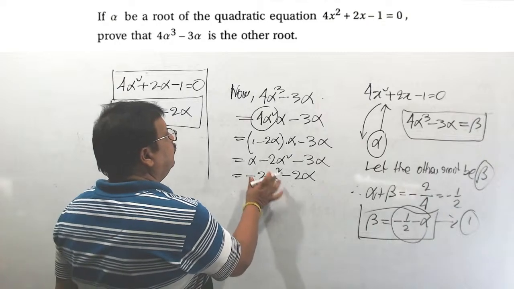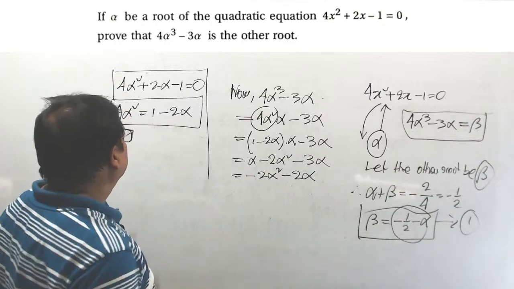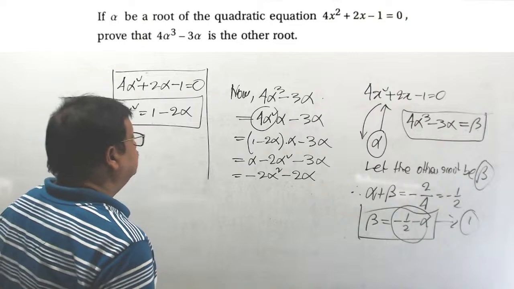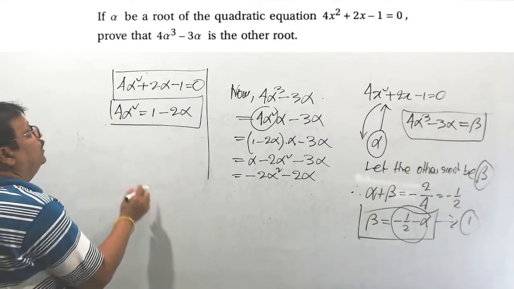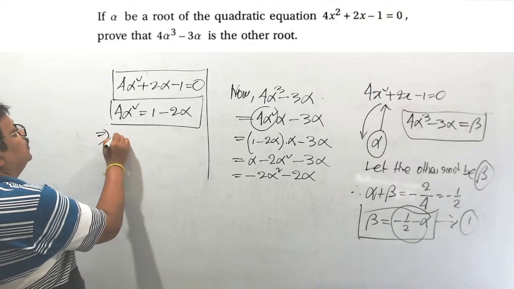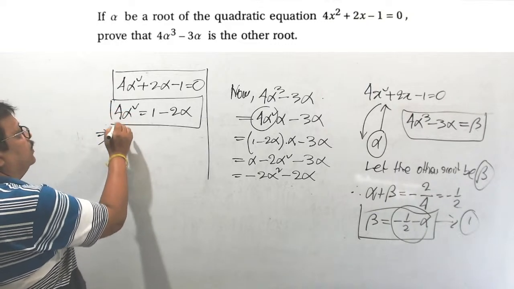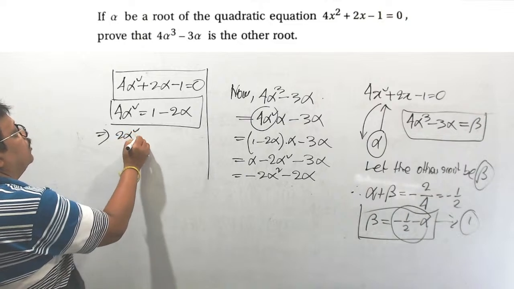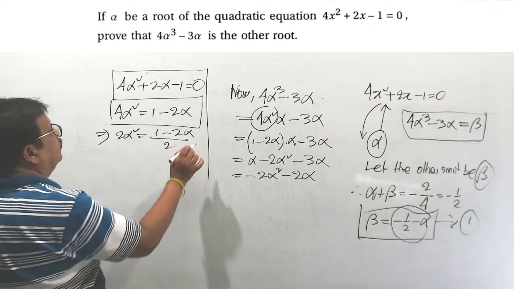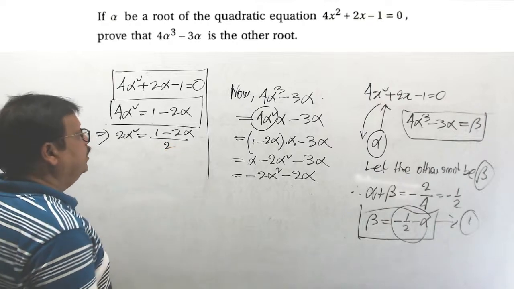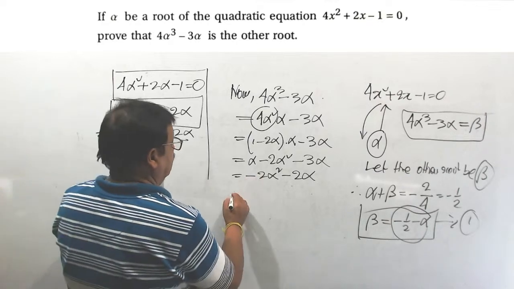Now, what is the value of alpha square again? See, I will put the value of alpha square. This implies divide by 2, isn't it? That is 2 alpha square equals to 1 minus 2 alpha by 2. Understood? Put the value of 2 alpha square here.